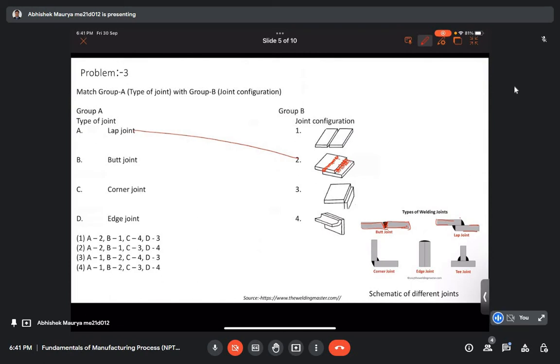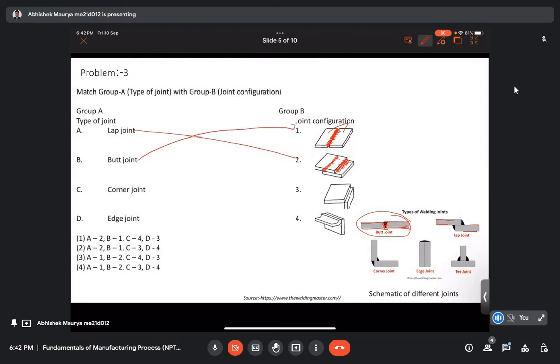And similarly, let's see which is the butt joint. In a butt joint, two components are joined end to end, and we can see here we have both components, and we join them by adding some filler material in between these two faying surfaces. If we take the cross-sectional view, it will look something like this. So that is the butt joint.